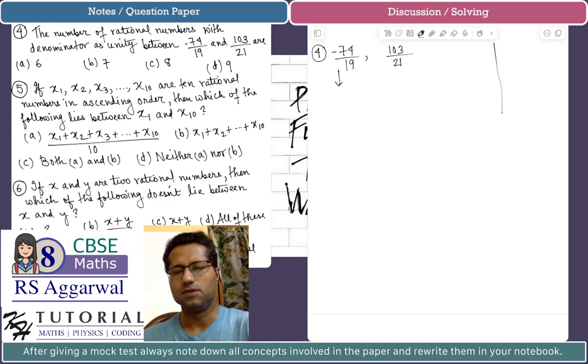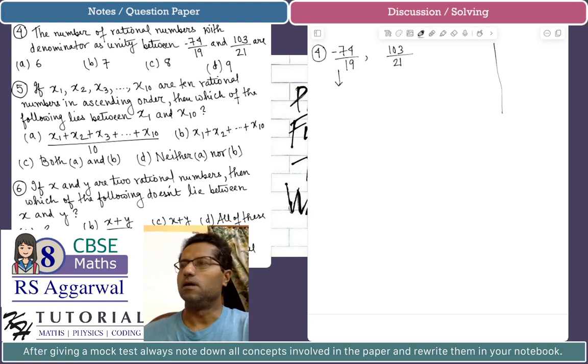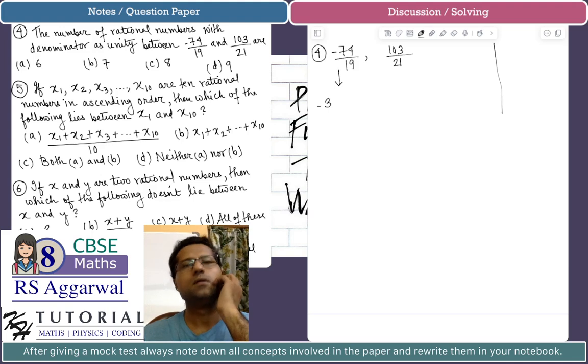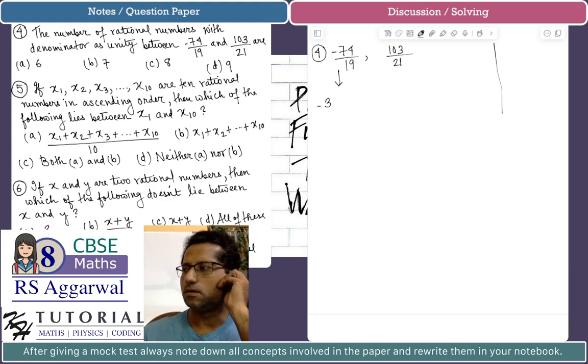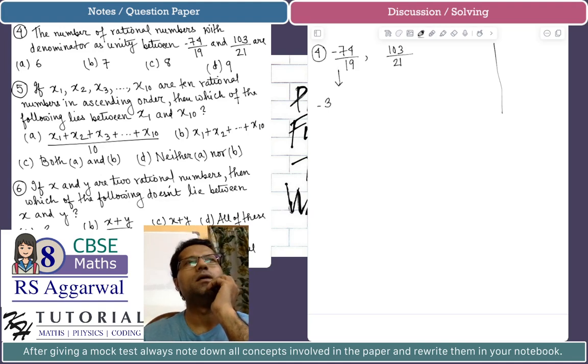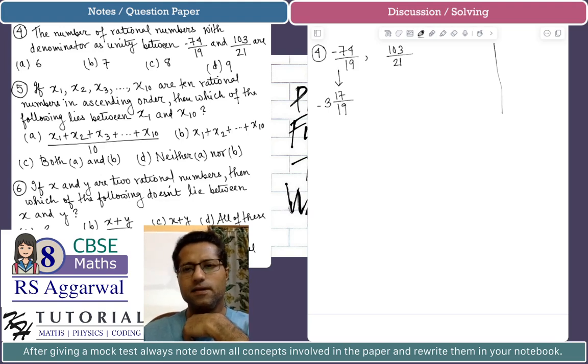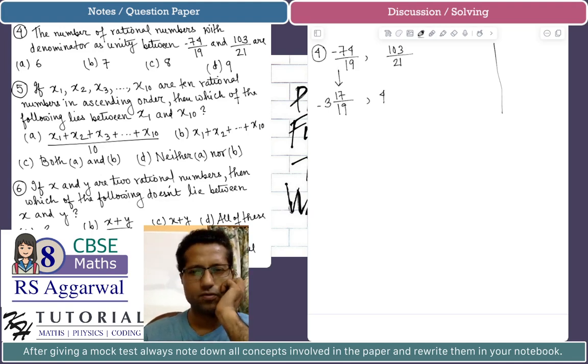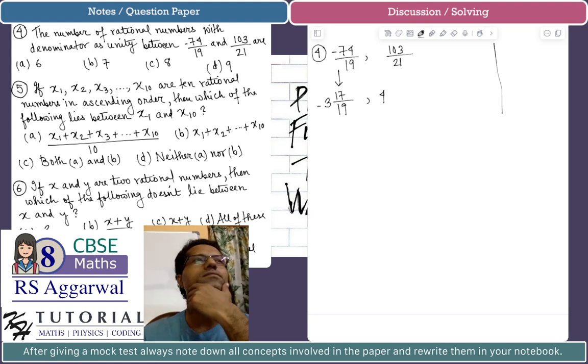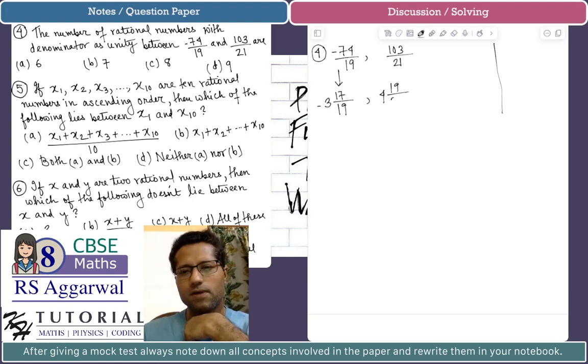If I express these two given numbers in the mixed form, I get -74/19 will be -3 and 17/19, and 103/21 is 4 and 19/21.